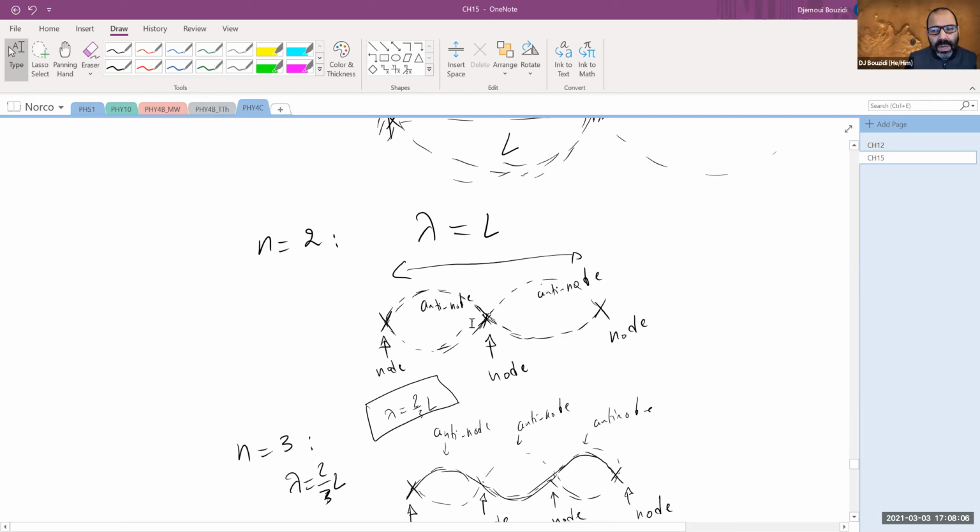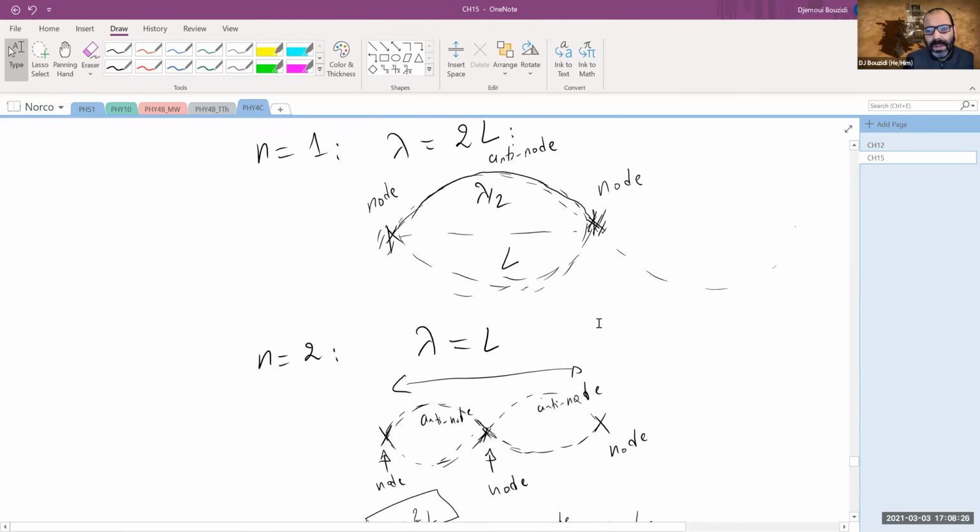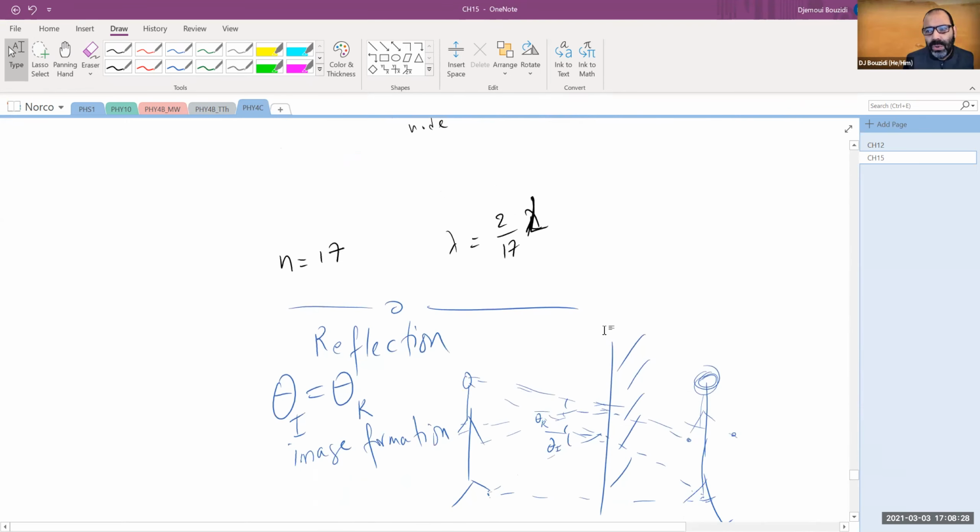This string now is in resonance because it's sustained by the incoming wave that is hitting the other side of the string, and when it bounces, it reflects. Since it's usually going at high frequency, if you watch the video, it's going to look as if the string somehow changed shape. Instead of being a line, now it has this shape, okay?